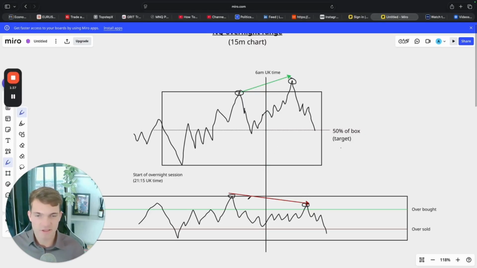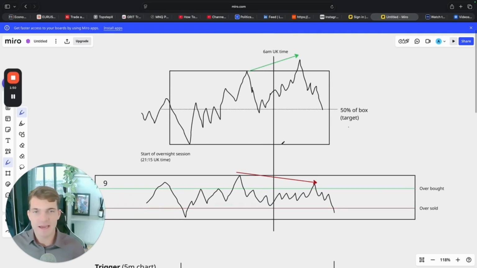Can we see this? So where we made this high is from this peak here. And then where we made this further high in price action, we made a lower high here, which is actually on the RSI. So that is extremely important. The RSI must be overbought, so must be over the 70 line or below the 30 line. And that is where you can start looking for your RSI divergence.